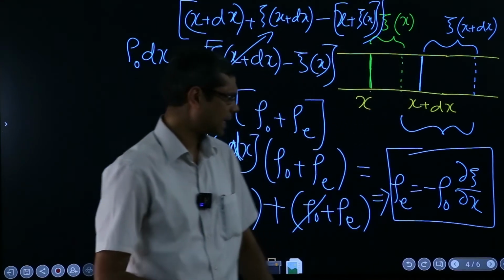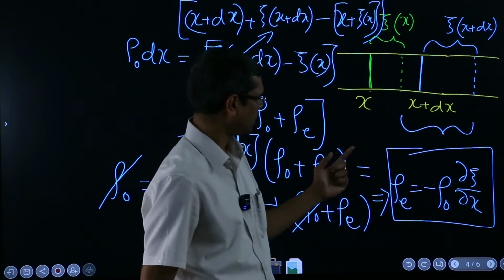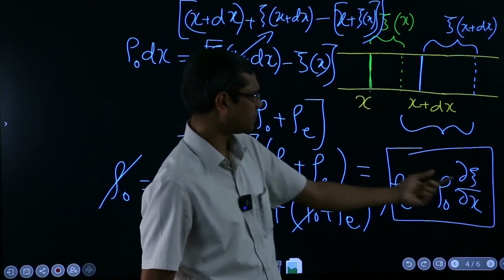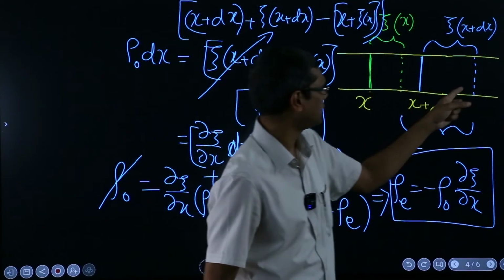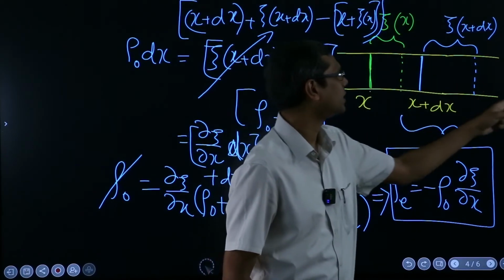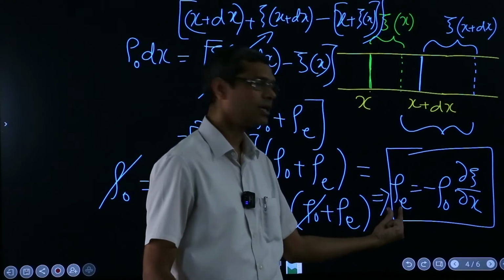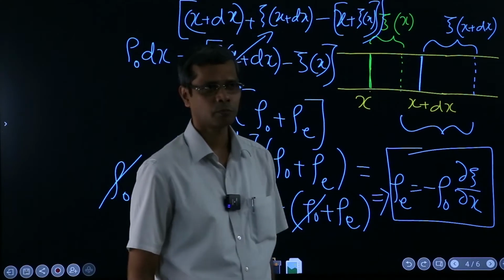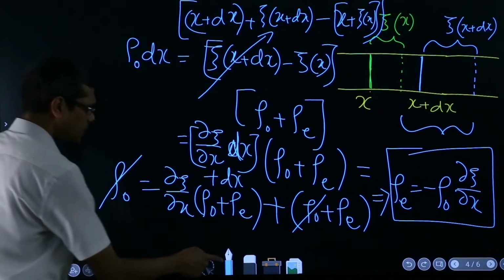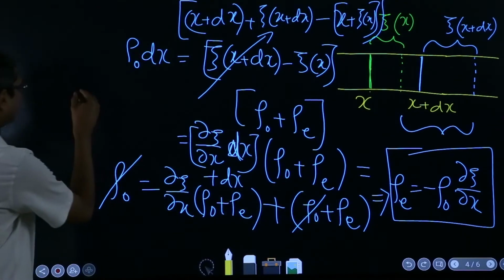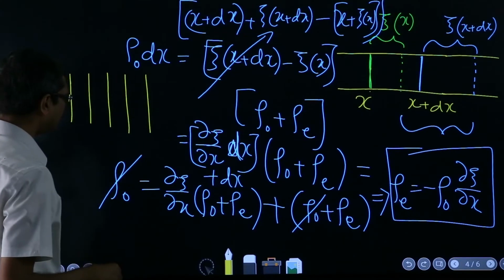So what does it tell you? That means if the displacement xi is changing in the x direction, then there is a reduction in density. Suppose there were rows of students sitting like that.